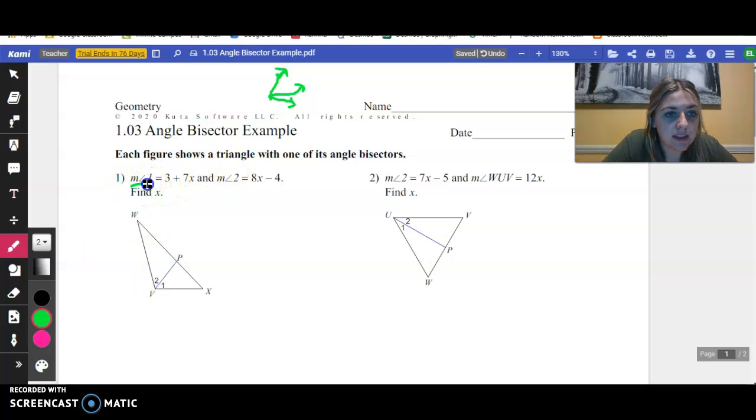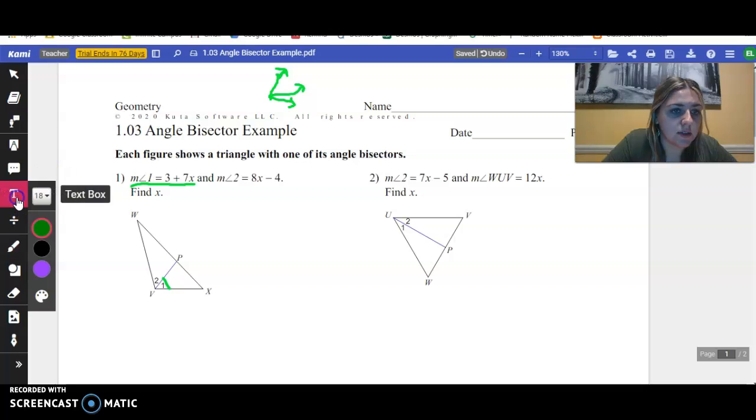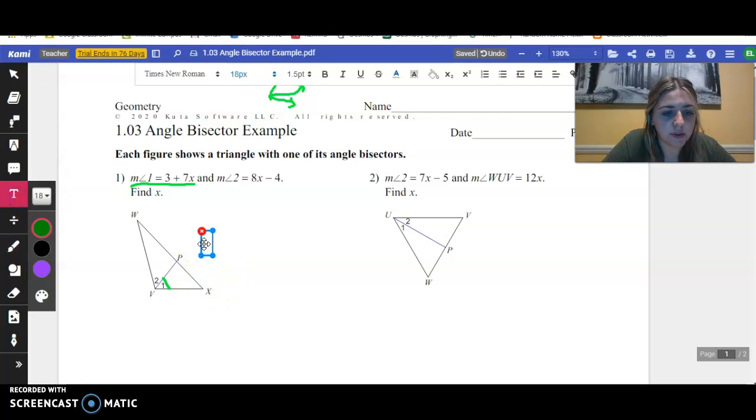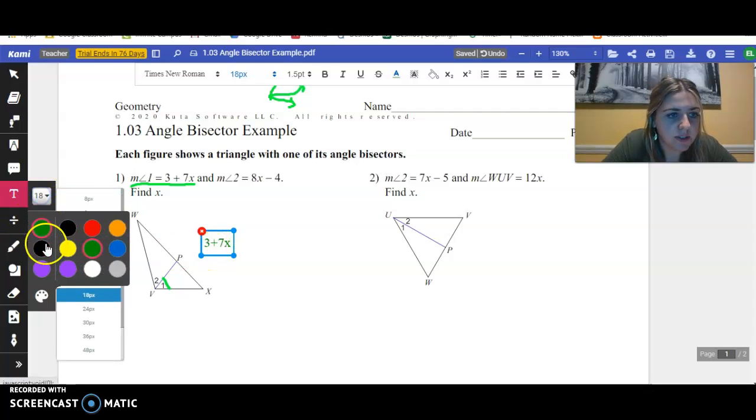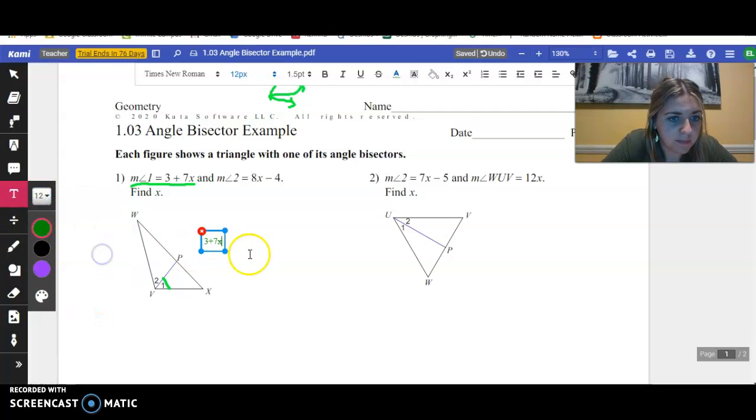So angle 1 is 3 plus 7x. Right here, this green piece is 3 plus 7x. And I am just going to label this.